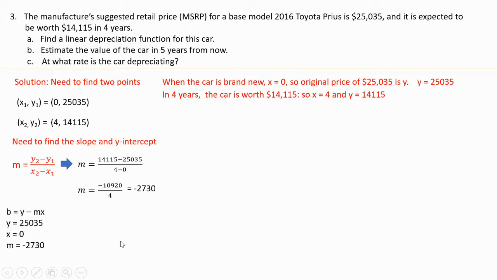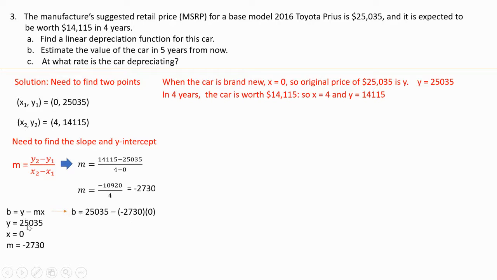Now I need to find my b. My b equals y minus mx. It's always wise to use the first point, the one with the 0, because it'll be easier to evaluate. So y is 25,035, x is 0, and my m is negative 2730, the slope that we just got.